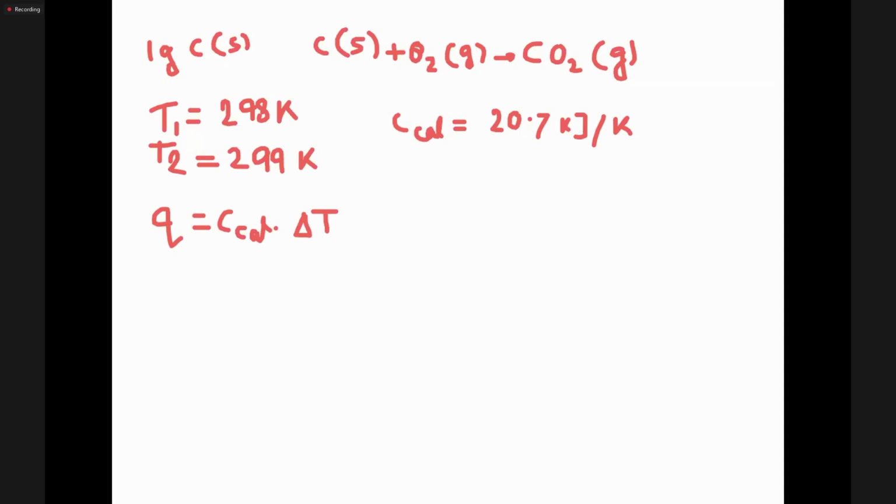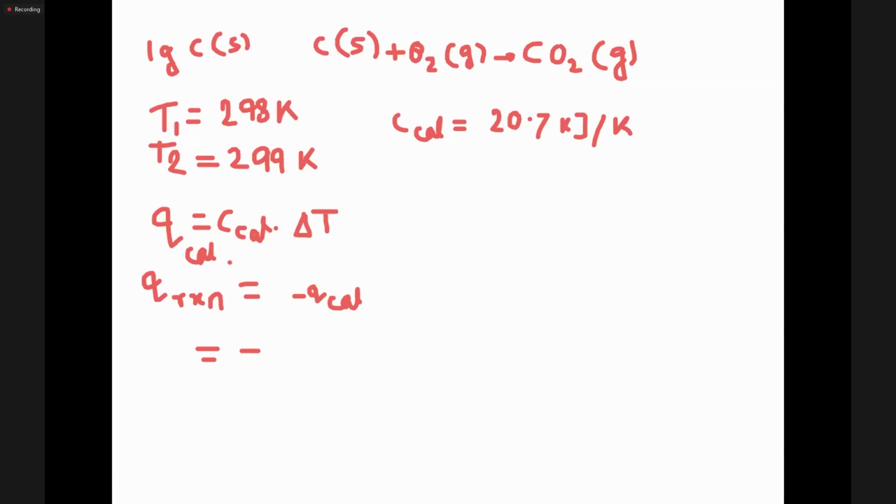So for the reaction, we have Q is equal to minus C cal into delta T. So Q for the reaction is thus the negative value of the Q of the calorimeter, so we have minus Q cal, that is C cal into delta T.